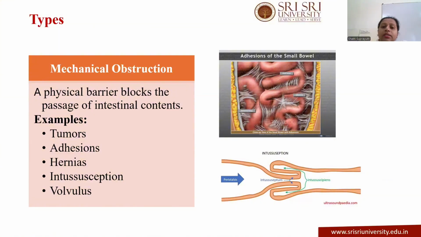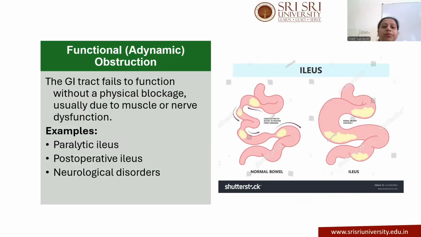Then the second type is functional obstruction or adynamic obstruction. Here the GI tract fails to function without a physical blockage, usually due to muscle or nerve dysfunction. For example, paralytic ileus, postoperative ileus, and neurological disorder.